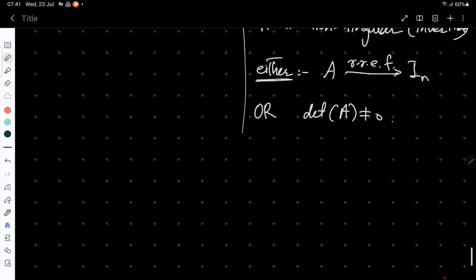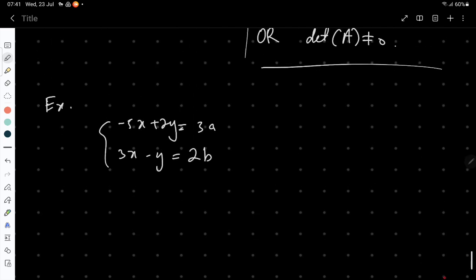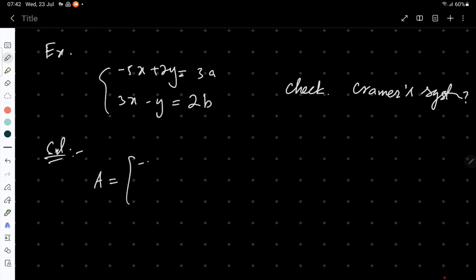Here is an example. The given system is minus 5x plus 2y is 3a, 3x minus y is 2b. We have to check whether it is a Cramer system or not. The coefficient matrix A is minus 5 2, 3 minus 1.